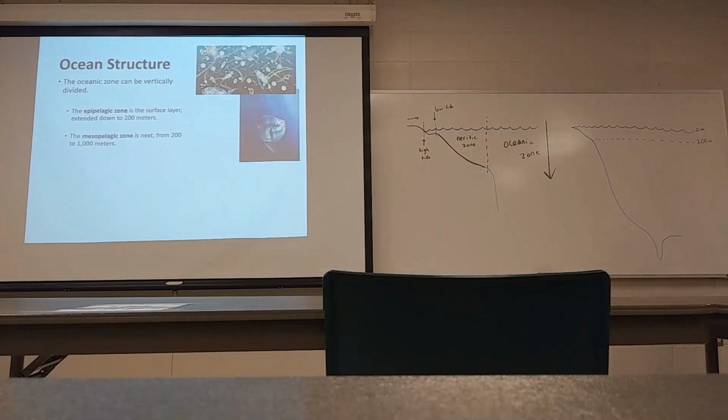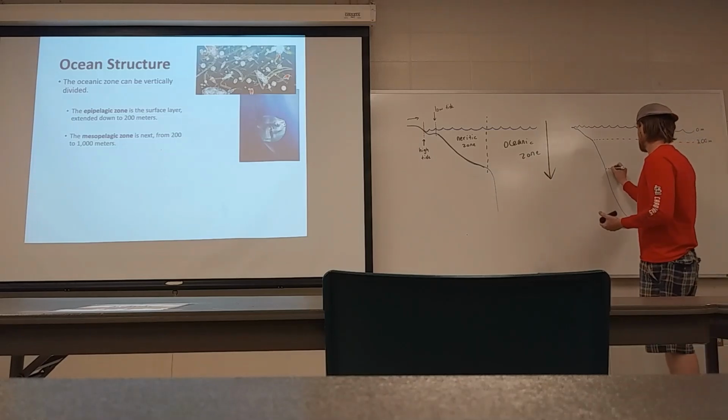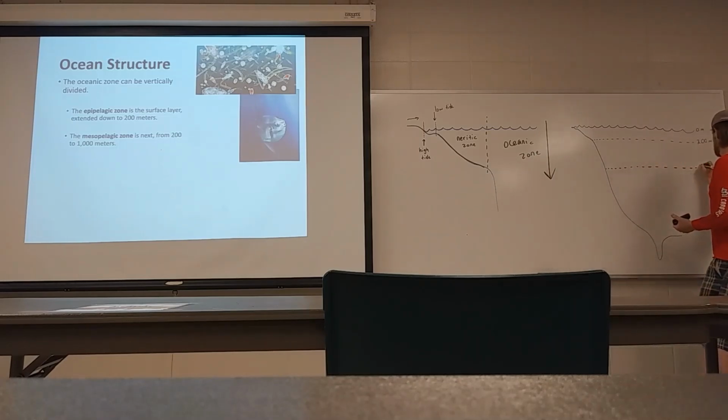Mesopelagic zone is going to be the next zone down from 200 to 1,000. I'm not sure that my picture up here is going to really be very much to scale. Just apologize for that. Mesopelagic ultimately is where we have loss of available light. It is very dark even midway through this zone, which we'll talk about later.